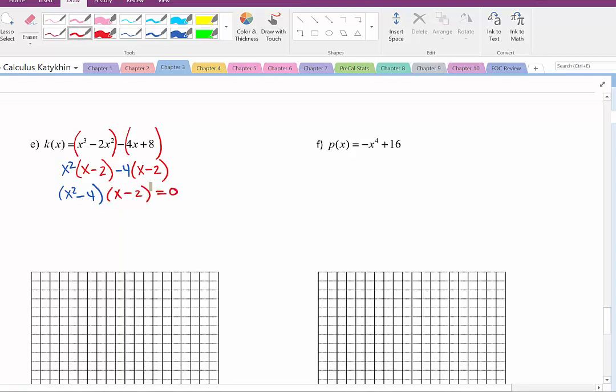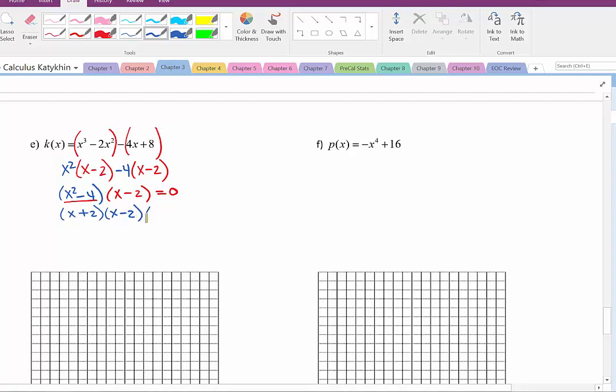Now if I set them both equal to 0 and then I solve them, notice that this factor here is a difference of squares. So we can factor that out to x plus 2 and x minus 2.